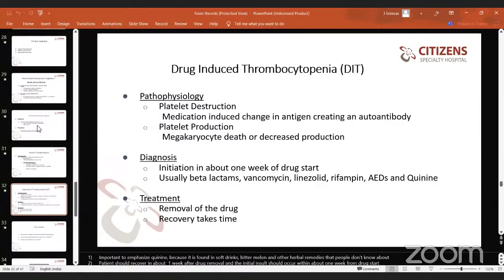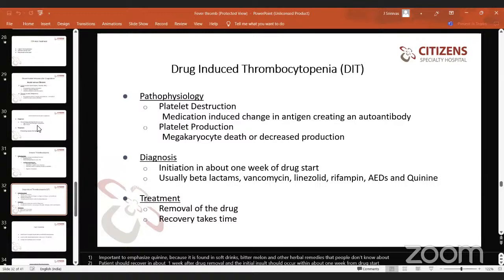Treatment is stopping the drug, because when we see thrombocytopenia where all the other things are ruled out, then look into the drugs which are causing it. You can change to other medications, and you stop the drug.